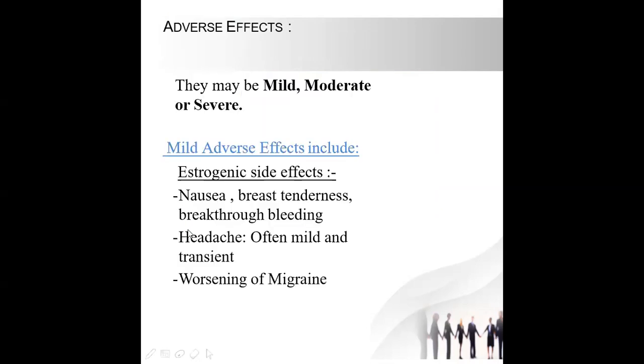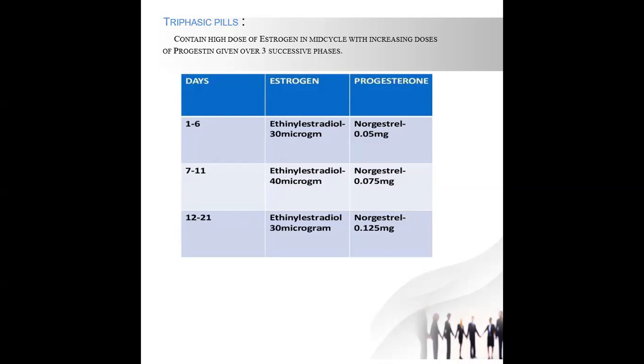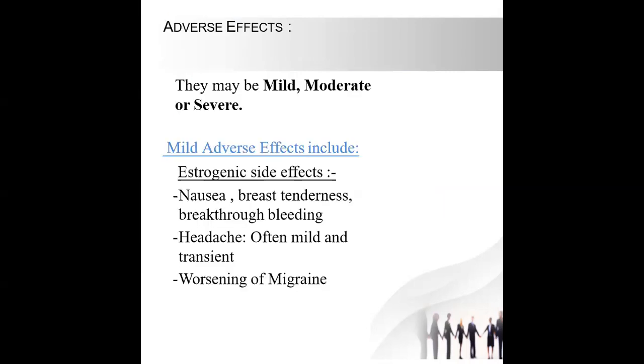When you look at days 12 to 21, ethinyl estradiol is reduced to 30 micrograms, norgestrel is 0.125 milligrams. That means the progestin doses are gradually increasing over the 3 phases. So that is why it is called triphasic. Also, from days 1 to 6 to days 7 to 11, the ethinyl estradiol dose is increased from 30 micrograms to 40 micrograms, and then it is reduced to 30 micrograms in days 12 to 21. These are called triphasic pills.